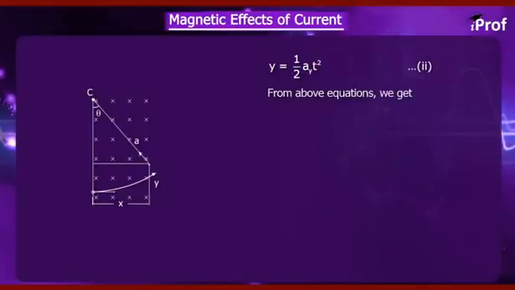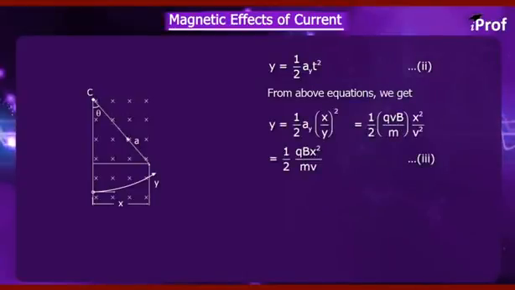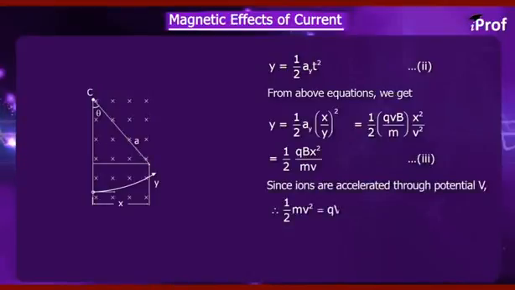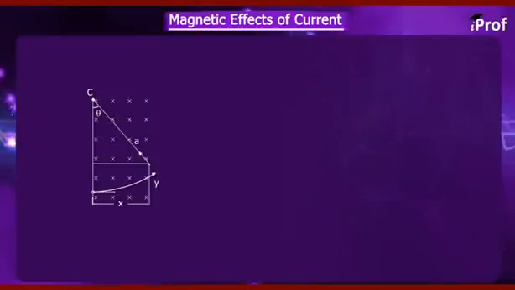From the above equations, we get y equals half a_y (x upon v) squared equals half (qvB upon m) x squared upon v squared equals half qBx squared upon mv. Since the ions are accelerated through potential V, therefore half mv squared equals qV, which gives small v equal to the square root of 2qV upon m.